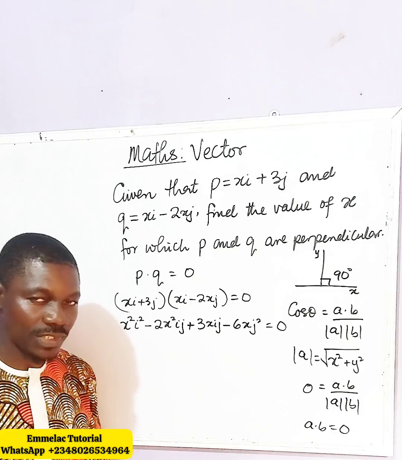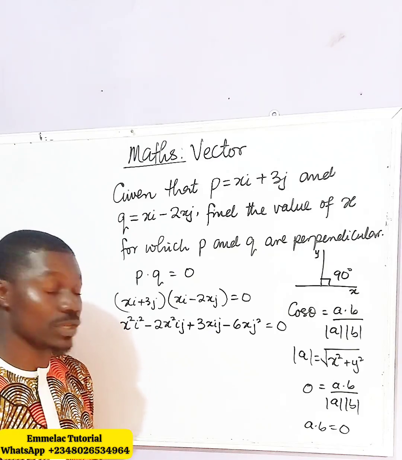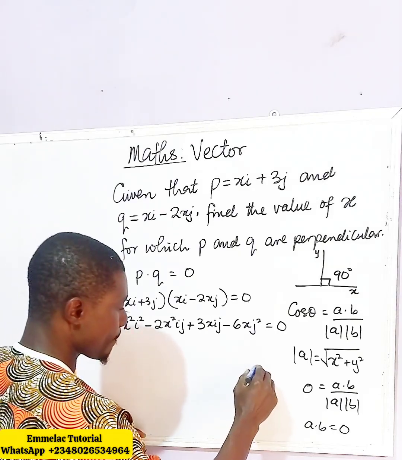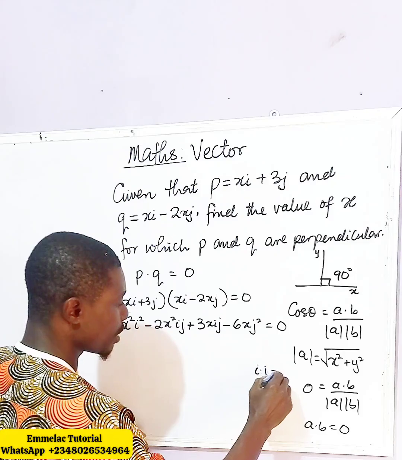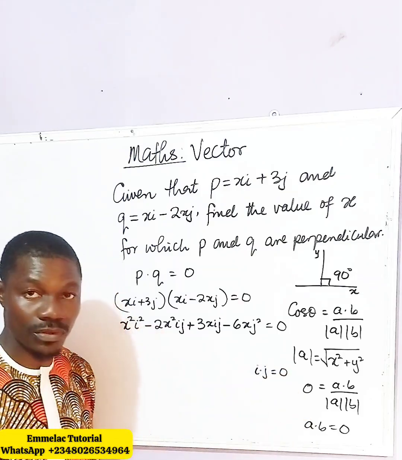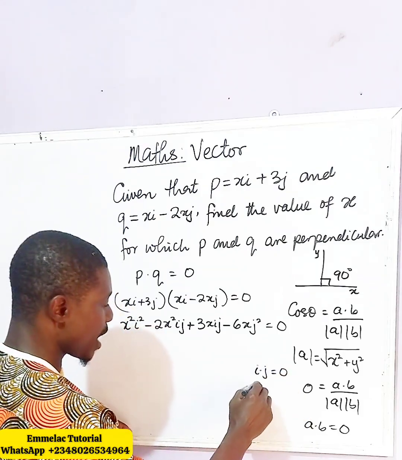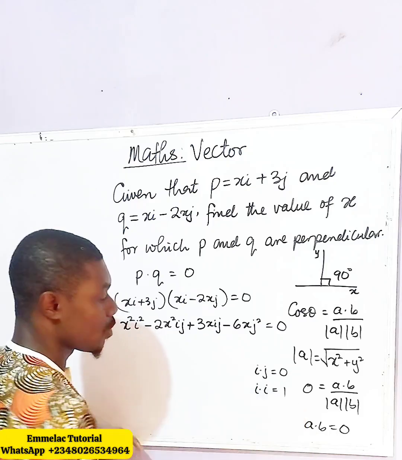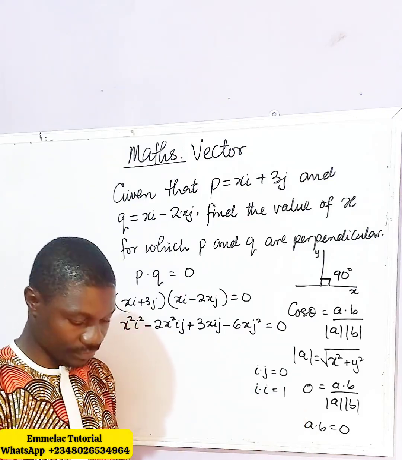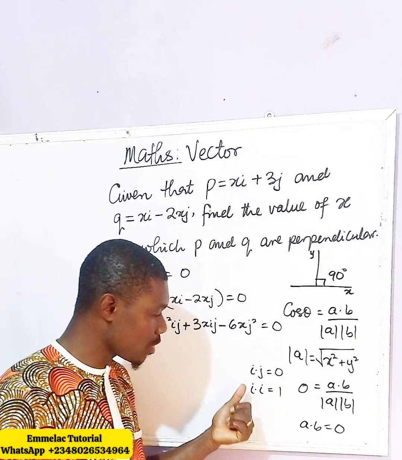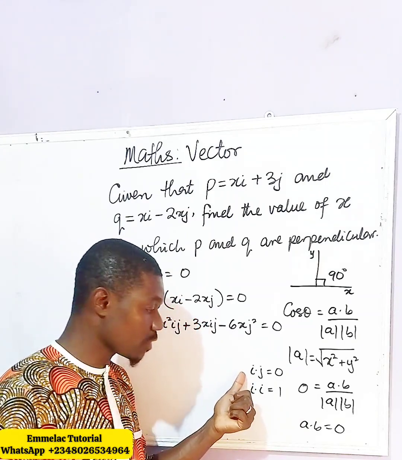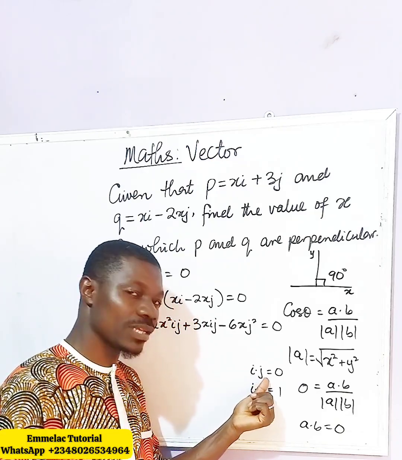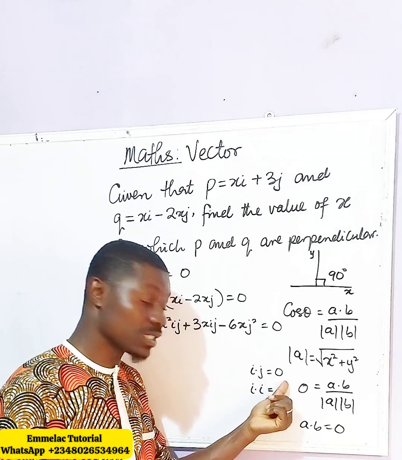And there's one thing you also need to know when it comes to vectors. i times j will give us 0, and i times i will give us 1. This is because when a unit vector of a particular vector and a unit vector of another vector multiply, it gives 0.